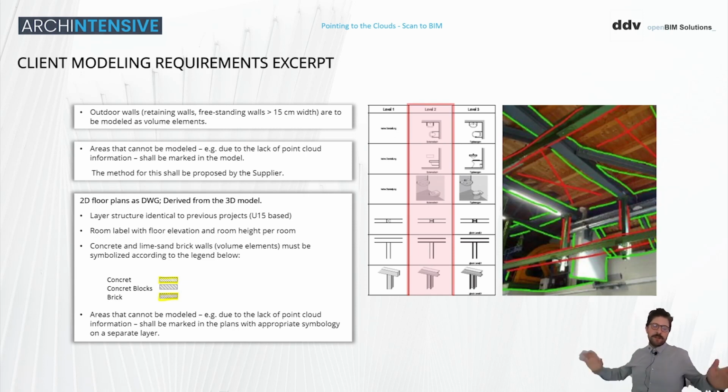Also, this of course depends not just on the level of maturity of your client, but sometimes, for example in this case, this is a kind of level of definition matrix from our client, which is not BIM. They are not experts on BIM, but they know about that.